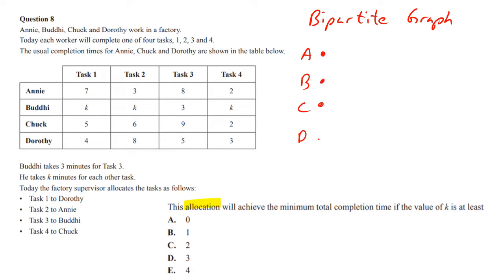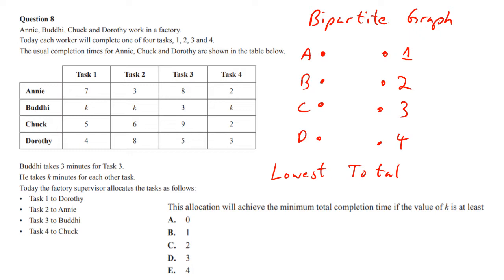You have A, B, C, D, and then we've got 1, 2, 3, and 4. We're trying to give everyone one job, and we're looking for the lowest total. So the Hungarian algorithm is just a way to find that lowest total. You don't have to do Hungarian, but that's what the Hungarian is doing for us.